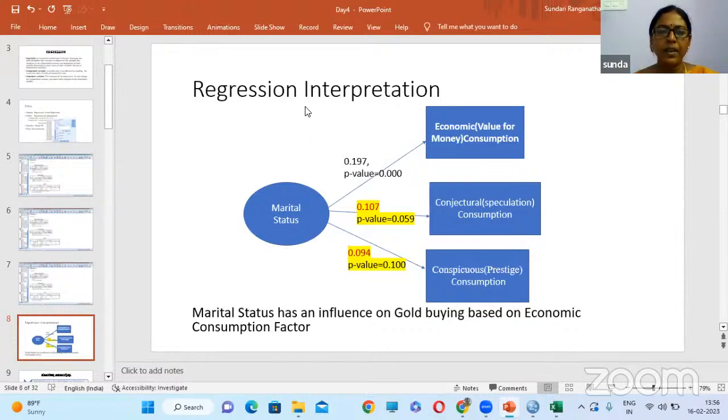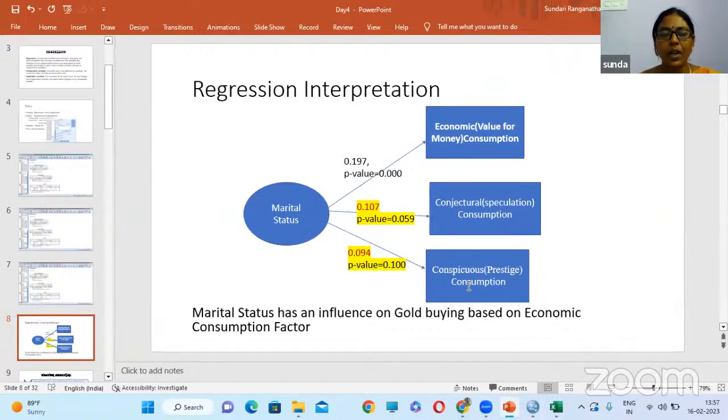So while applying regression, we are able to find out that marital status has an influence on buying gold for economic consumption. People who are buying gold based on the benefit they will get out of investing in gold, only they are influenced. Marital status does not have an influence on speculative purchases and prestige-based purchases.